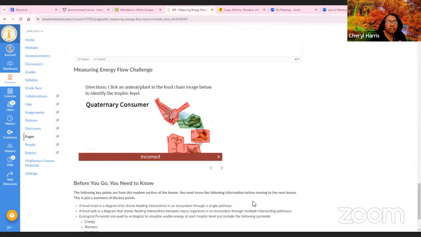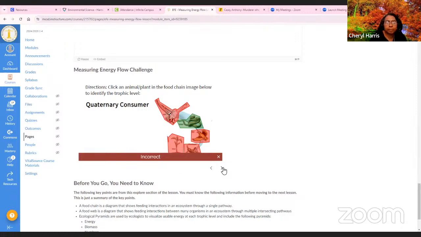And this one to me is incorrect because your quaternary consumer should be the fourth thing in line. So we have four consumers listed here: primary, secondary, tertiary, and quaternary, but it has the snake highlighted here, and it should not be the snake. It should be your owl.